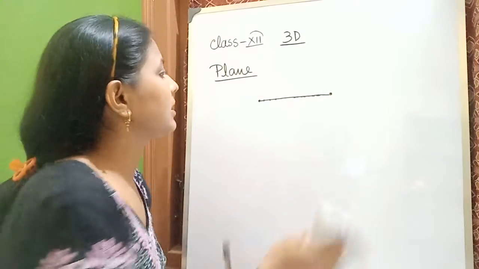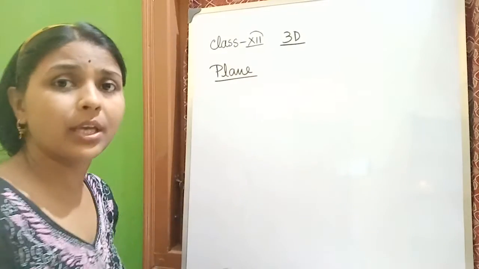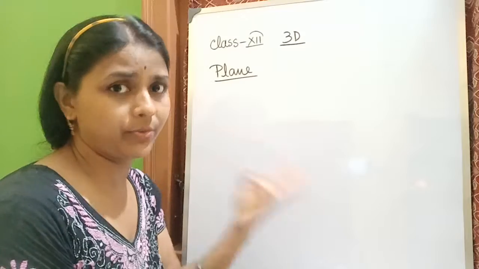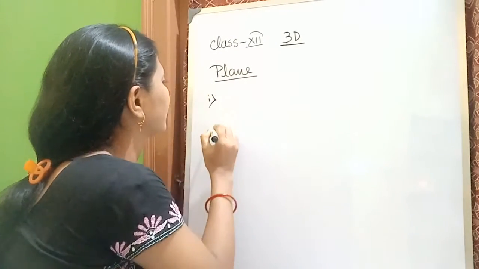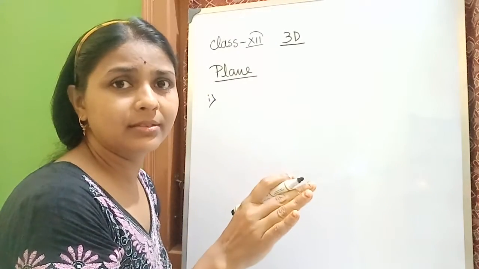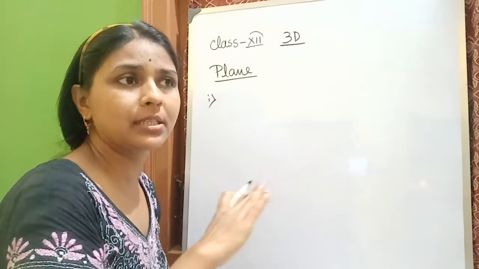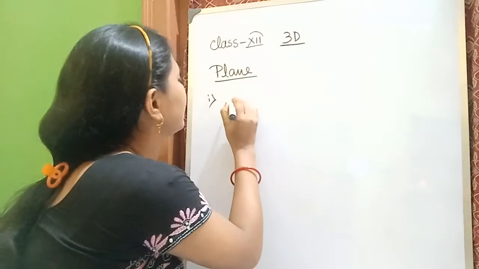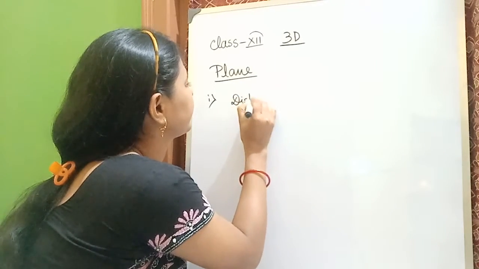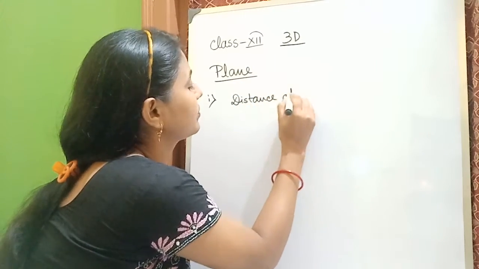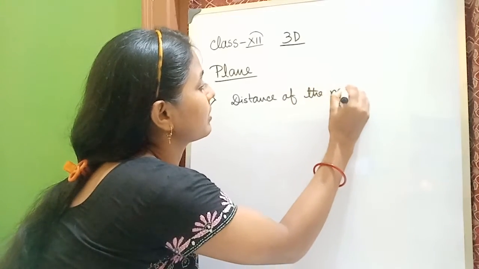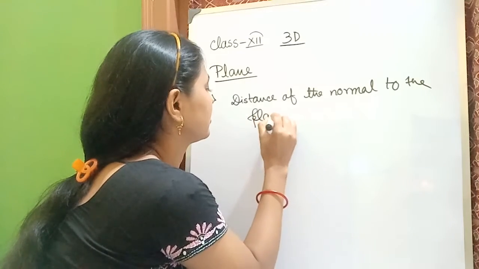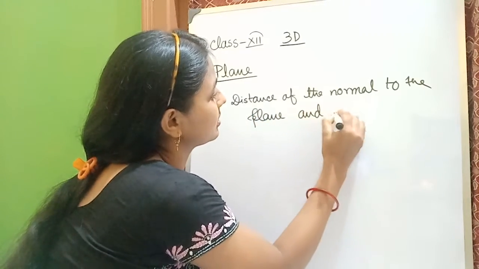Now the plane equation. A plane's equation can be determined in 3 different ways. Number 1: suppose you know the normal to the plane, meaning the direction of the normal, and the distance of the plane from the origin along the normal.